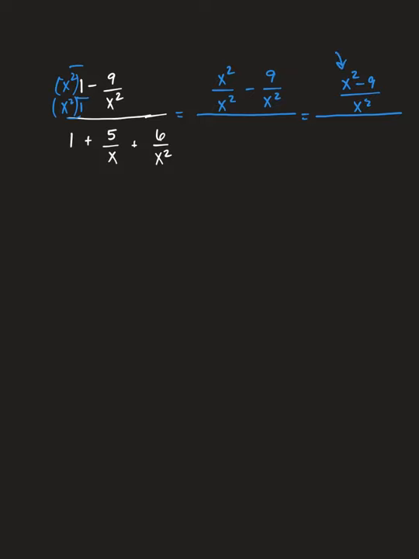X squared is a perfect square, 9 is a perfect square. You are subtracting, so this is a difference of squares, which will get factored into x plus 3 times x minus 3 all over x squared. And we're done with the numerator.